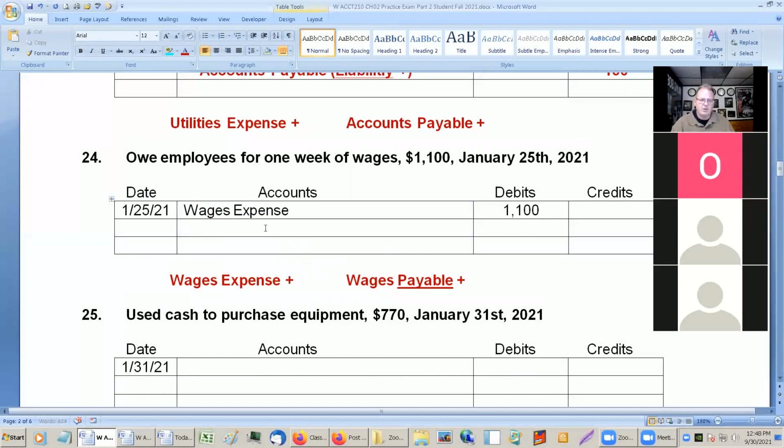And wages payable, if you put accounts payable, that's fine. Again, the more descriptive one is the wages payable. That's the liability.